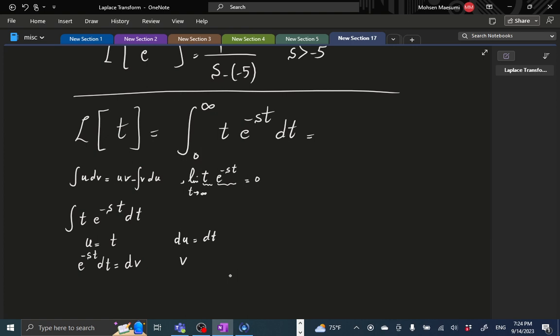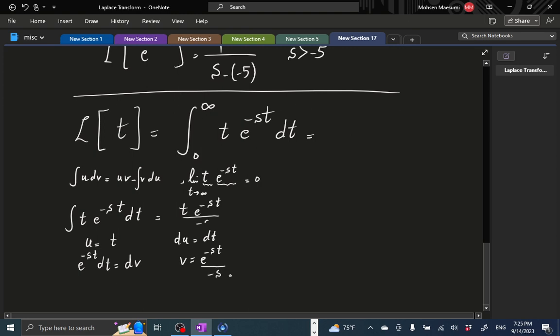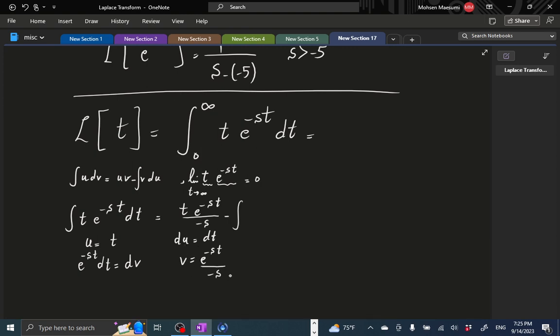And for the second one, I solve for v, the antiderivative of this: exponential of minus st over minus s. So u times v, the product of these two, is t exponential of minus st over minus s, minus the integral of v du, which is exponential of minus st over minus s, and du is just dt.